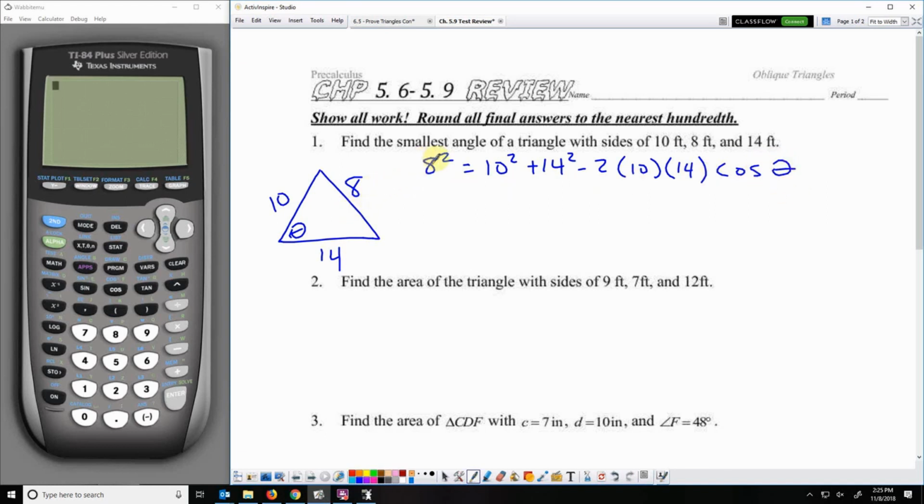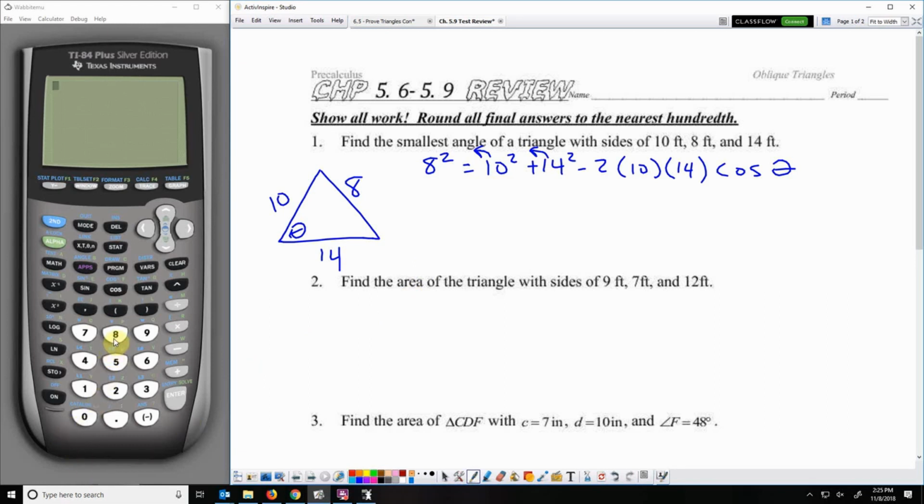So to get this angle by itself, we're going to have to subtract these. So I've got 64 minus 100 minus 196.